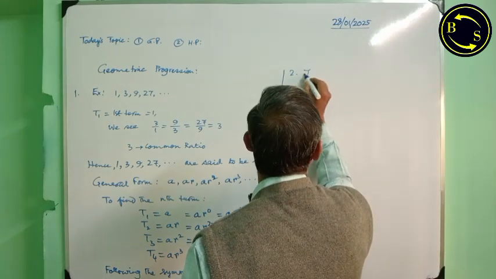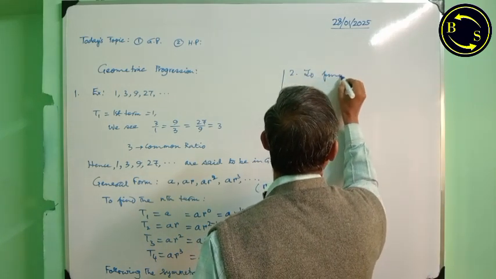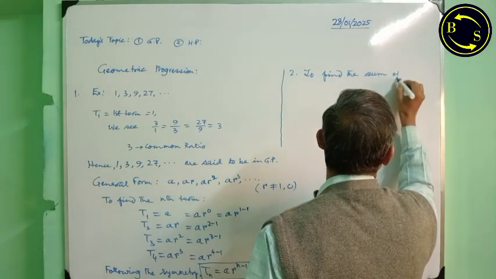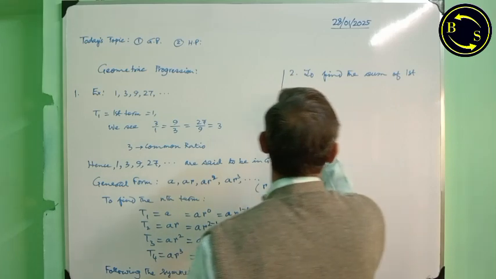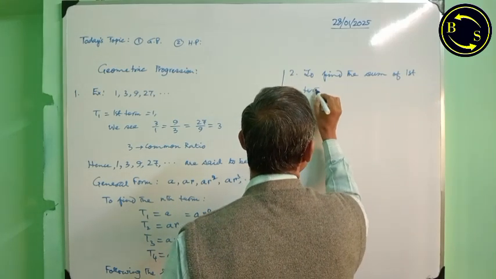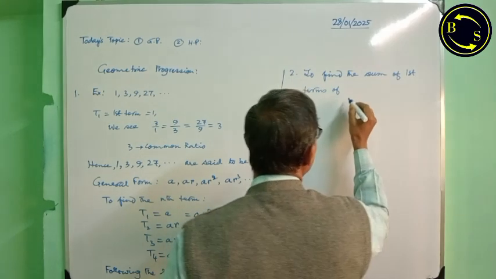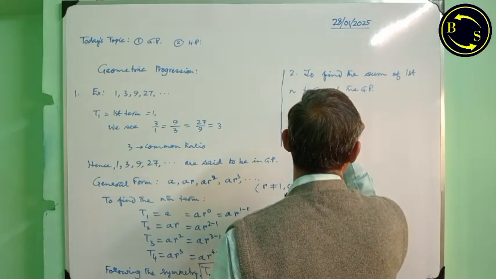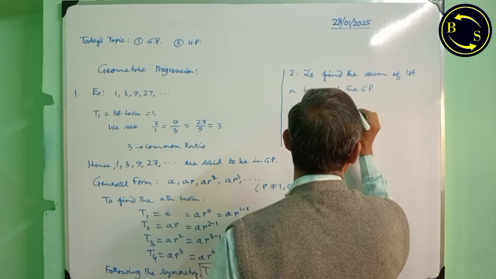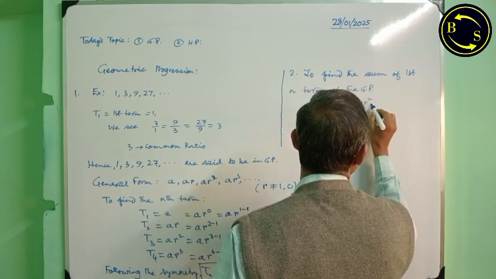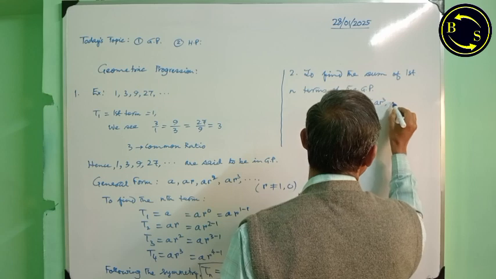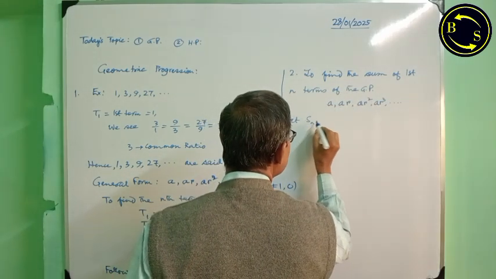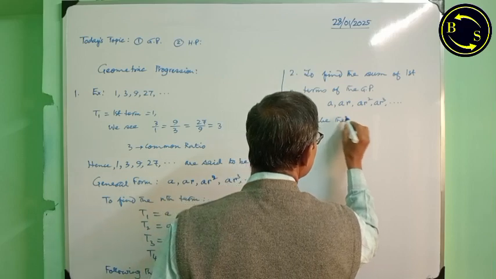To find the sum of first n terms of the GP a, ar, ar square, ar cube. Let Sn be the sum.